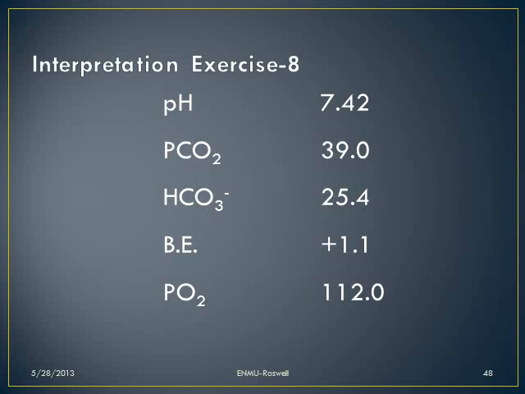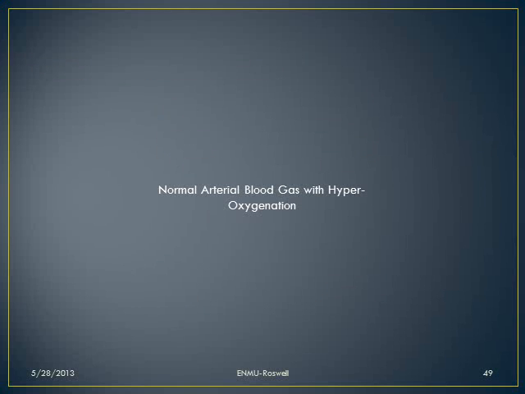Well, those are both in normal limits. So what do you think this is? An anion gap? No. How about a normal ABG? Quit overanalyzing everything. There is such a thing as normal blood gases. Not every blood gas is going to be abnormal.